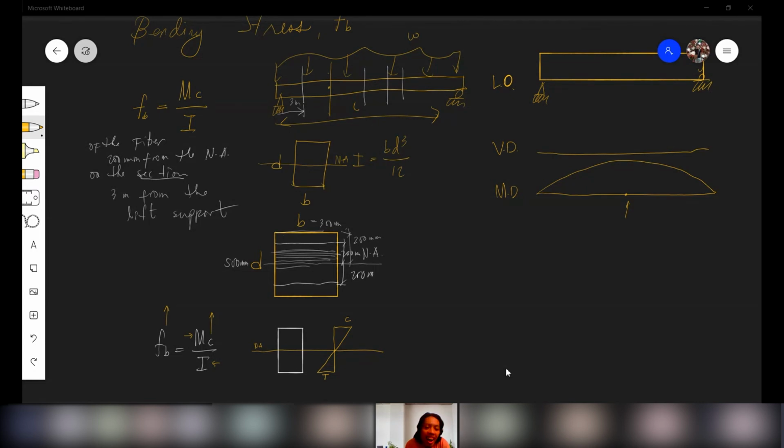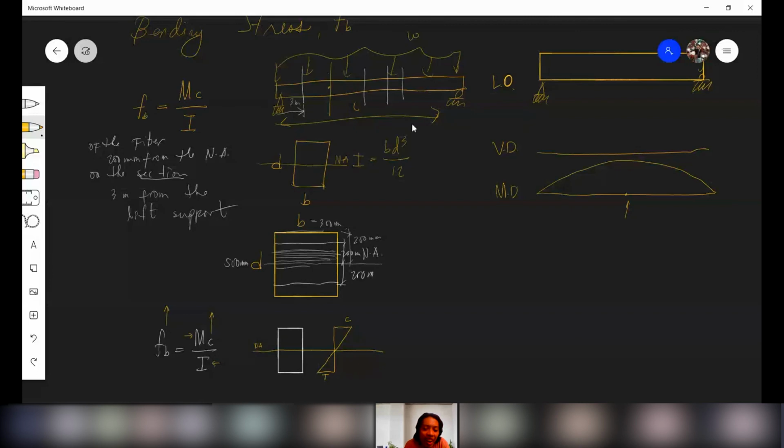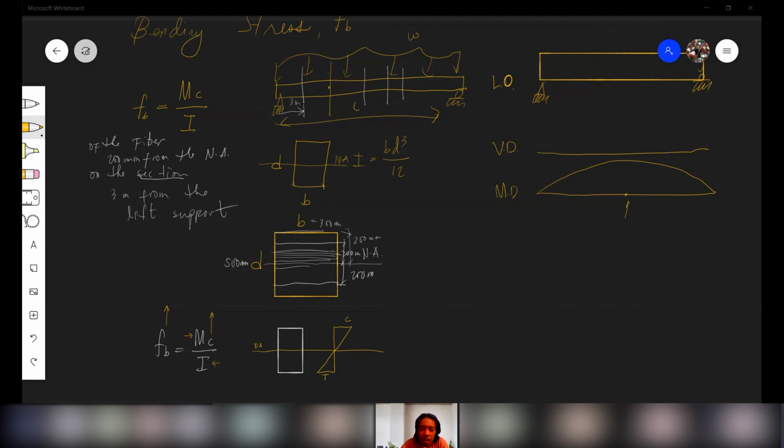Okay, question. If you are trying to solve for the maximum bending stress, what will you solve first? Any idea? Come again. What will you solve first if you are trying to find the value of the bending stress?